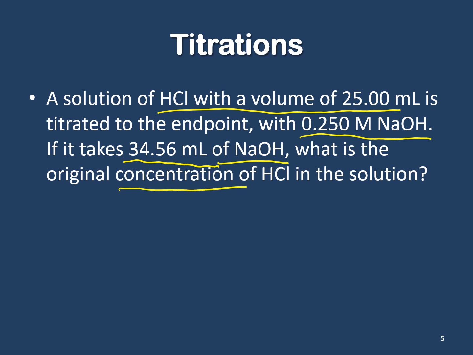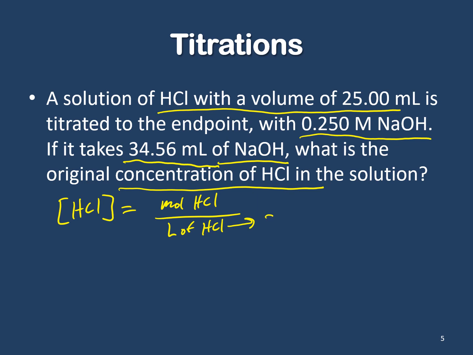What is the original concentration of HCl? Right, so I want the concentration of HCl here. I know that's going to be equal to the moles of HCl over the volume of HCl in liters, right? Well, I know this value in milliliters. We know that we have 25 milliliters of HCl. This gives me approximately 0.02500 liters.